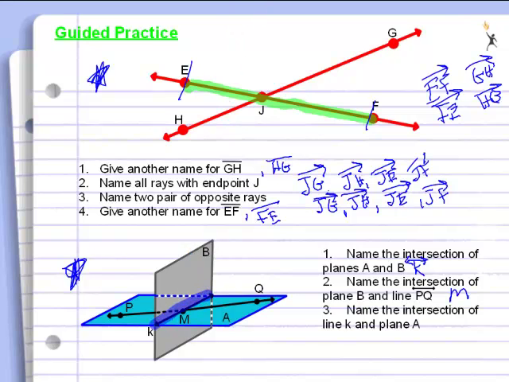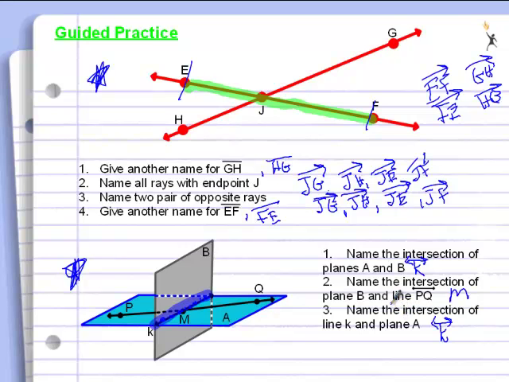Where do those two intersect? Hopefully you see that it's on line K. All of line K is actually inside of plane A. So every point on line K is actually inside, or it intersects plane A.